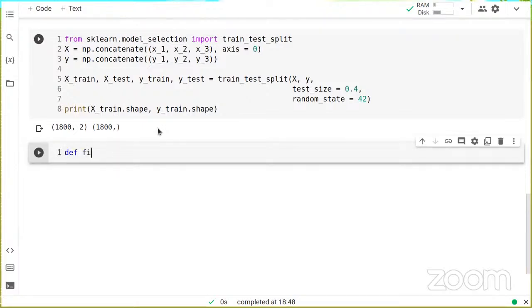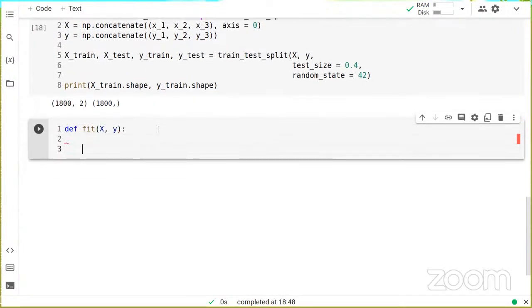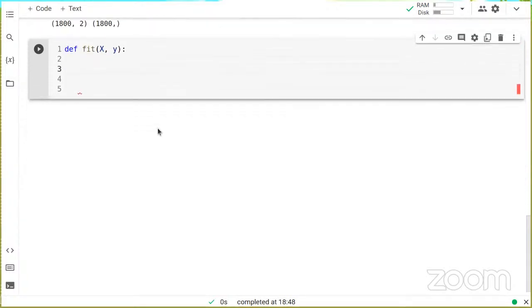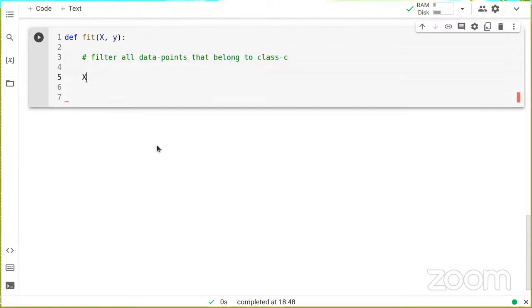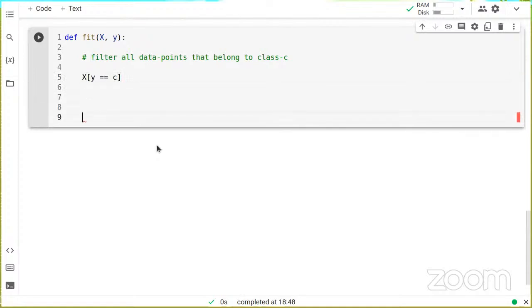Assume that I am writing a fit function where I have passed the data matrix, or feature matrix, as X and the label vector as Y. One of the first steps that we have to do is filter all data points that belong to class C. If X is my feature matrix, this will give me all the feature vectors that belong to class C. Does everyone follow this?